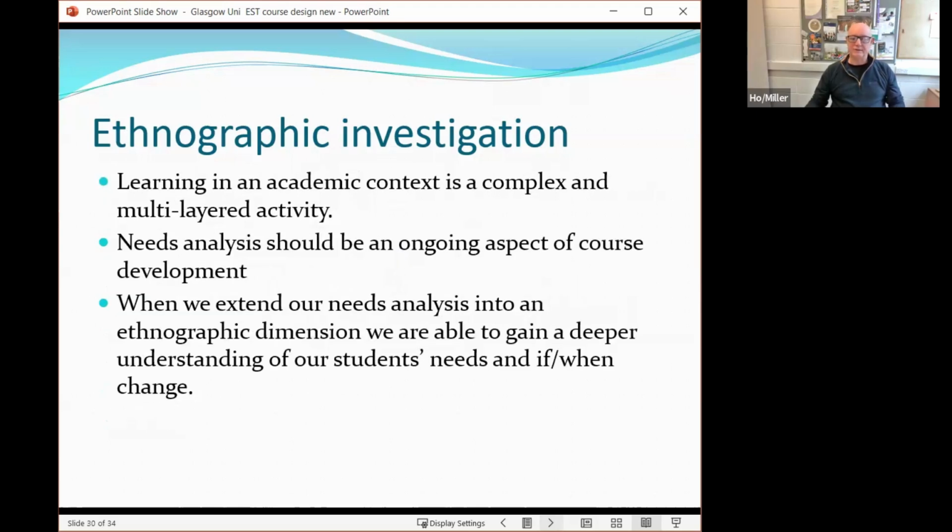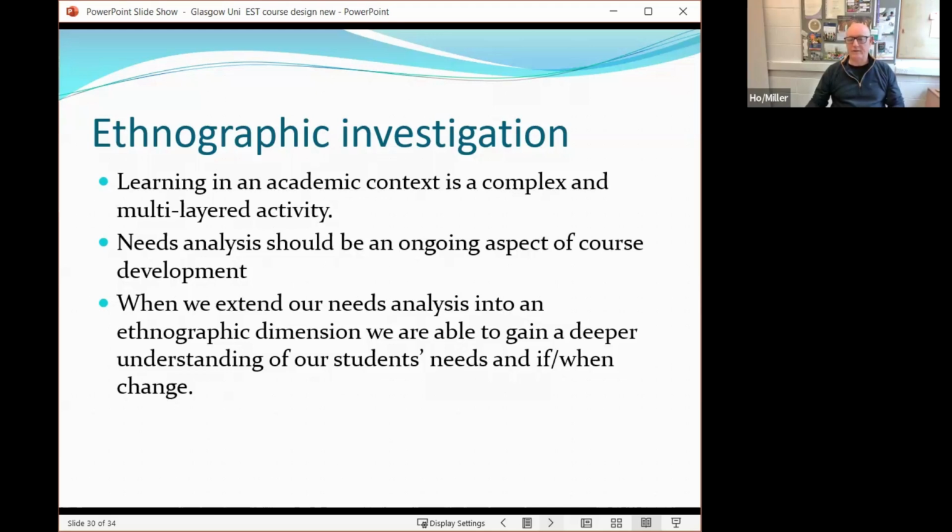What we realize, of course, is that in a classroom context in the universities, learning is quite complex and multi-layered these days. It's not just a simple activity. And so we need to be very aware of the ongoing nature of course development. It's not something you just do, write the course materials and then forget about it. It really has to be something you monitor and keep going back to check if it's working well. And so when we use this ethnographic approach, we get a very deep understanding of what our students' needs are, and if their needs change as well.